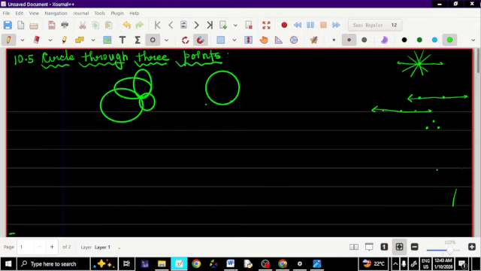I will take the points a little further so that it is slightly easier for me to draw. So let's say this is my first point and this is my second point.